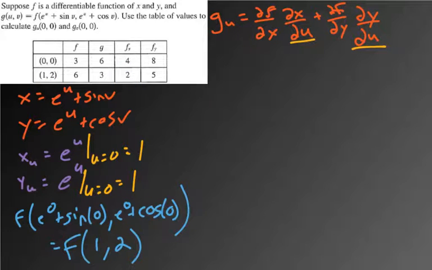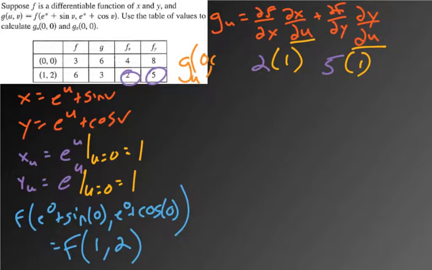So now I can just plug this in there, plug this in there, and then we had the 1s, and then we can just add everything up. So this should actually be more clear. This is the partial of g with respect to u at 0, 0. And then if you add all that up, you get 7.